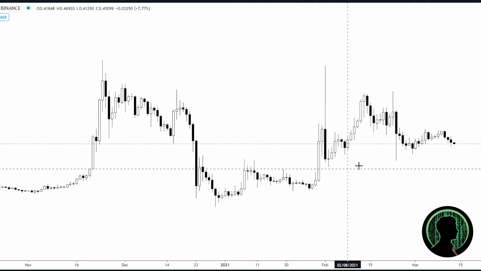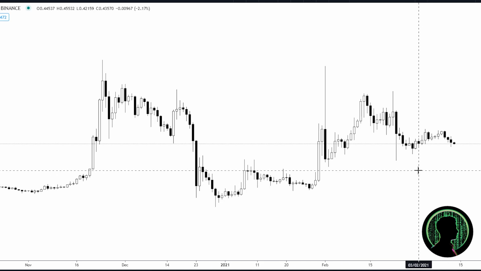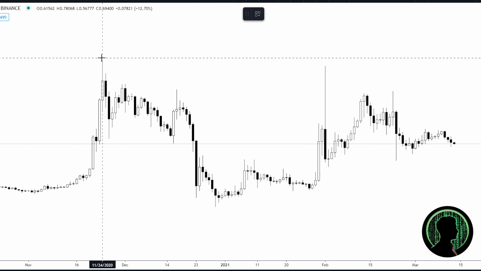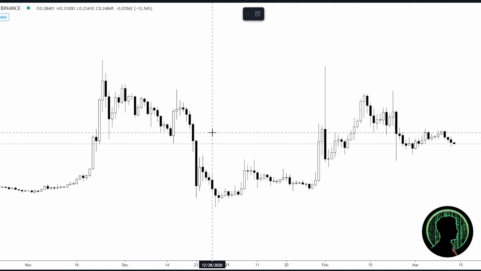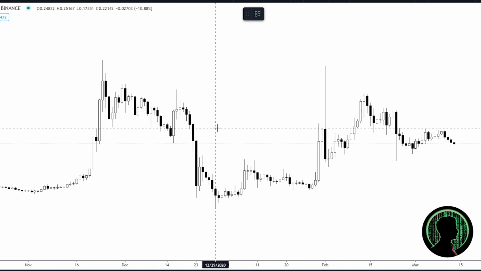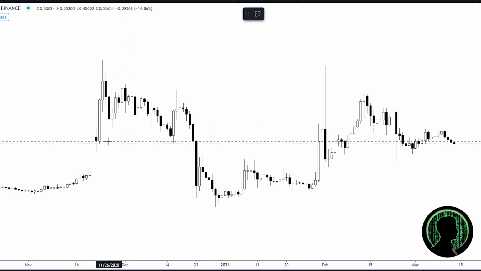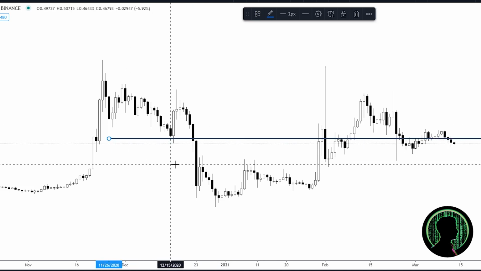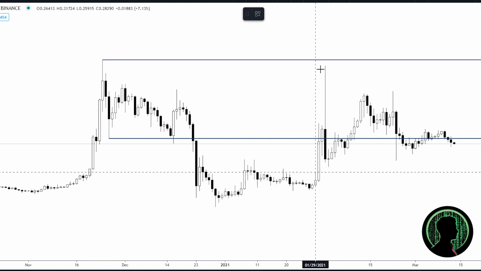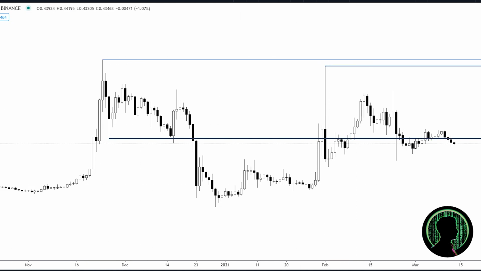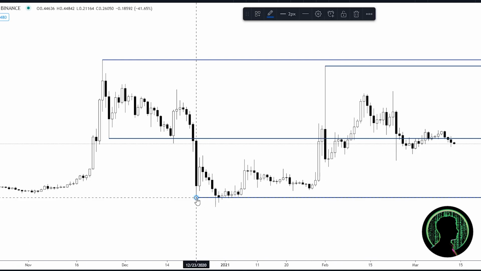So when I'm looking at majors, I always like to use the wicks, and the reason for that is that liquidity makes it harder for them to manipulate charts in that sense, where wicks are viable. I know that if these wicks get ran here, I'll just mark out wicks that are very obvious, like very obvious wicks.